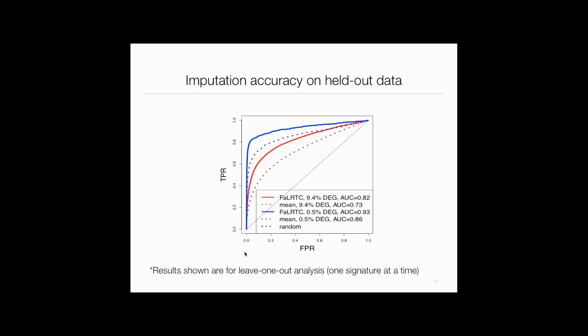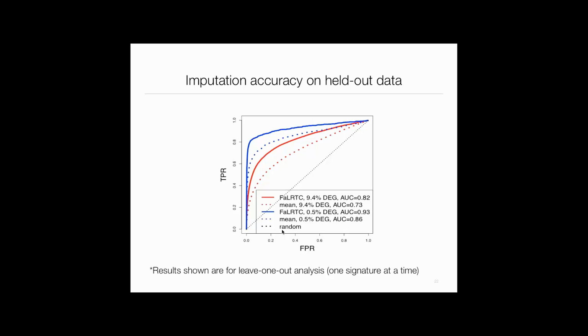And so by varying the threshold on the imputed signatures, I generate ROC curves. And so what I'm showing are results for both the tensor method, which are the solid lines, and then the mean baseline, where I just average the expression data, and that's shown in the dotted lines. And the difference between the blue and the red is just where I draw the threshold to define the true differentially expressed genes.